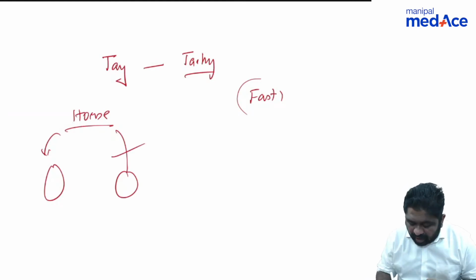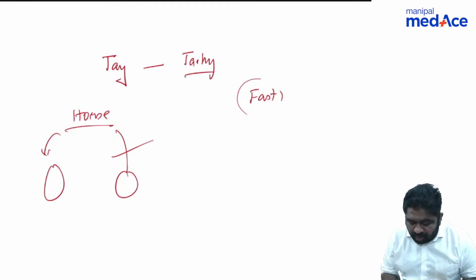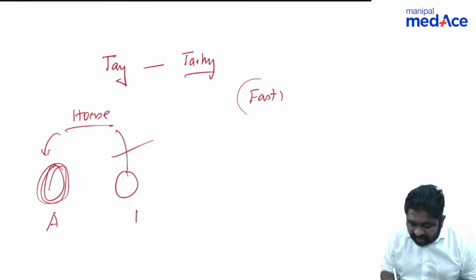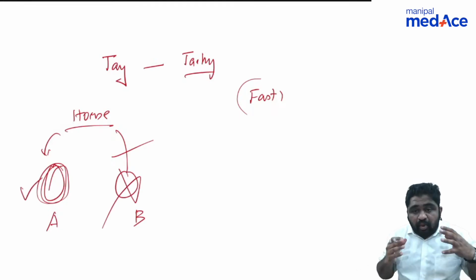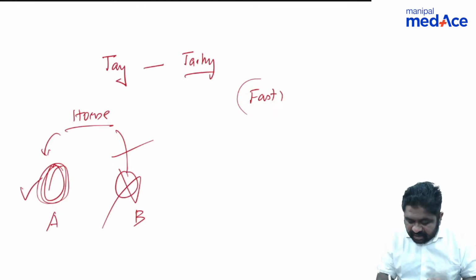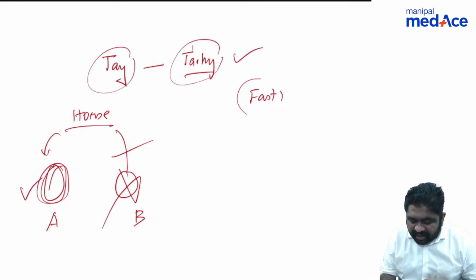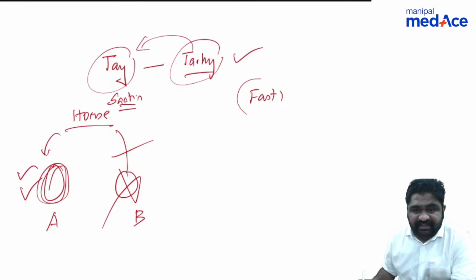So what do I do? I cut off one of them. If one of the bags is removed, one bag is available. Now imagine these bags as A and B. If B is removed with the A, now the horse speed increases. It's a tacky horse. The horse is running very fast. So tacky looks like Tay. Tay-Sachs disease is about the absence of the enzyme hexosaminidase A.